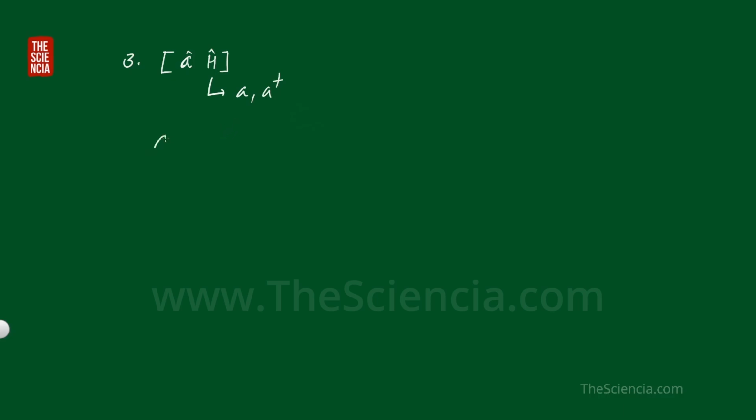We know A A dagger is equal to H by H cross omega plus 1 by 2, or we know A dagger A is equal to H by H cross omega minus half. So we can use either of these equations. From this equation we can find H in terms of A and A dagger, and from this equation also we can find H in terms of A and A dagger.